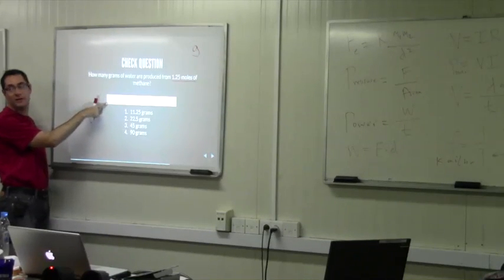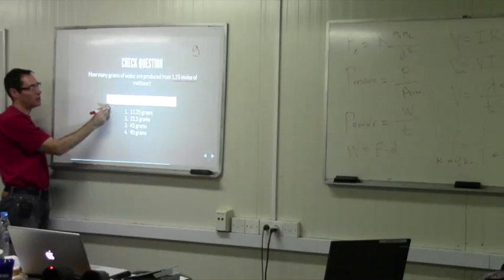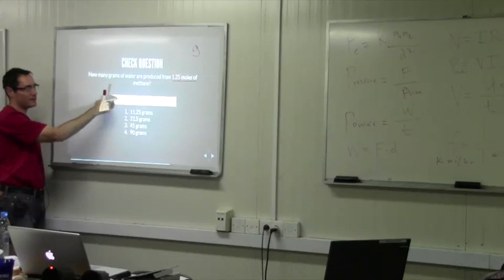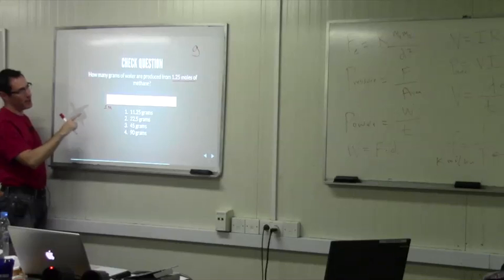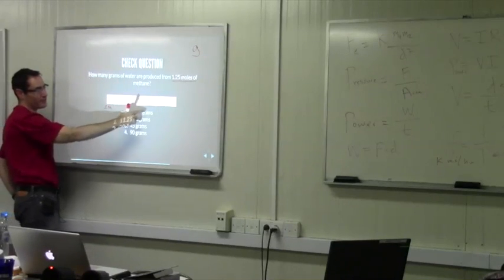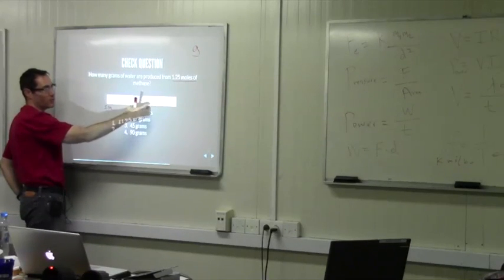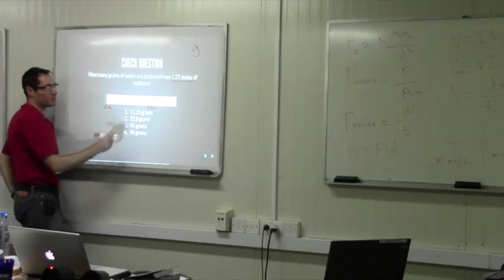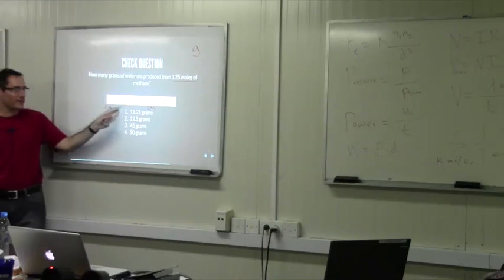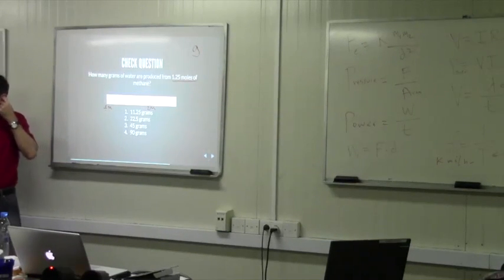We have 1 mole in the formula of methane. How many moles of water do we have here? 2 moles of water. So what's the proportion of methane to water?